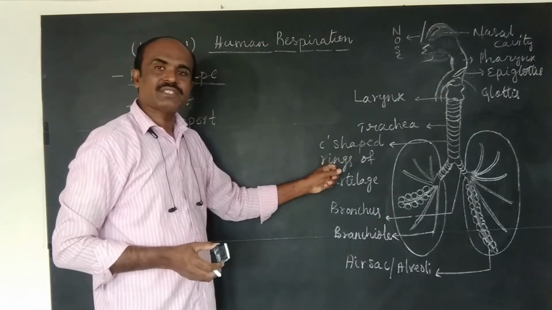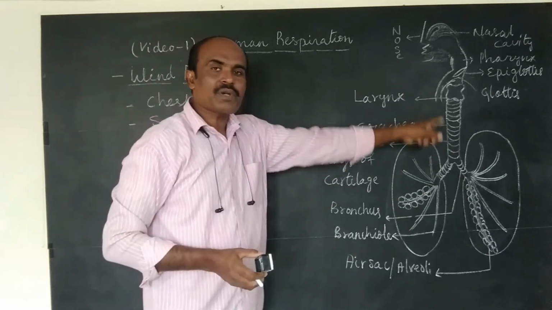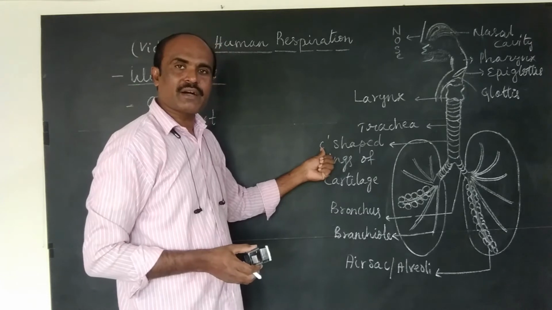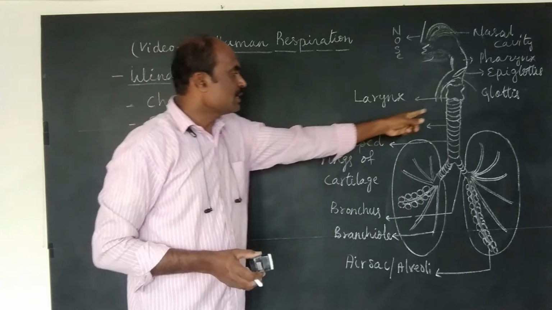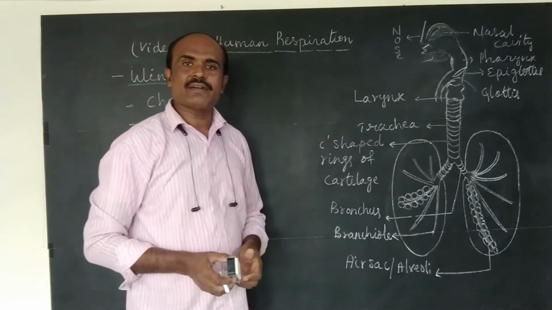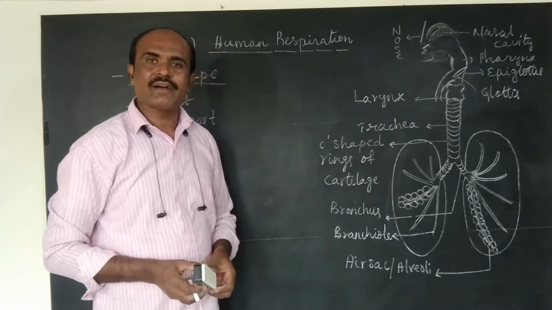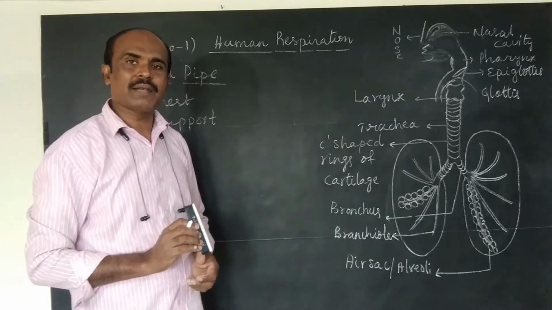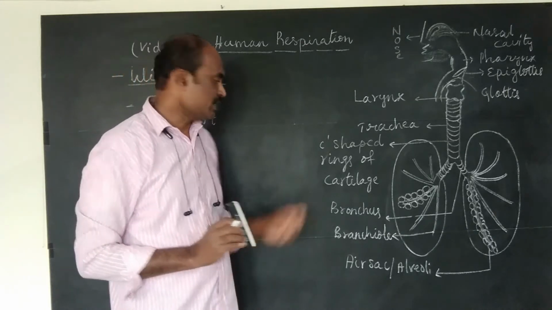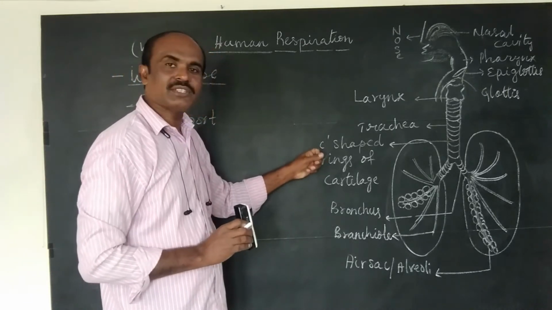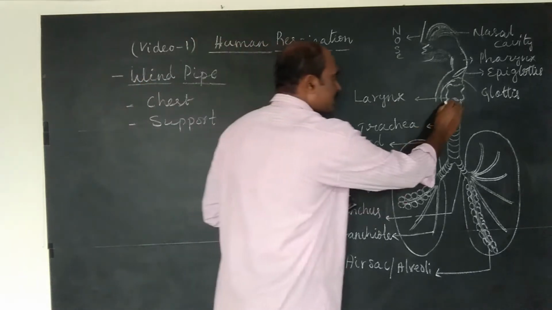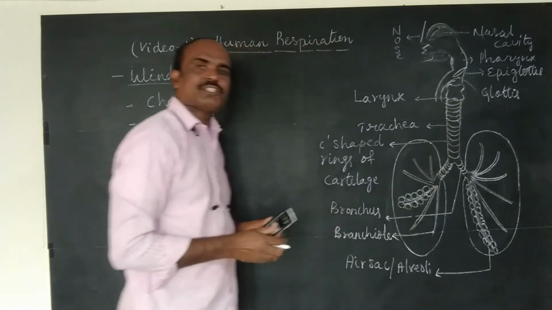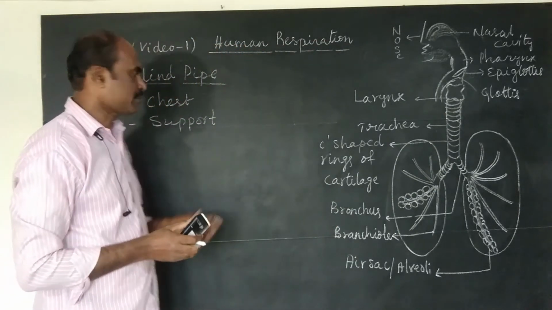C-shaped cartilaginous rings support the trachea and protect the trachea from collapsing. So this is very important. Which rings help the trachea from collapsing? C-shaped cartilaginous rings. See, these are C-shaped cartilaginous rings which protect the trachea from collapsing.